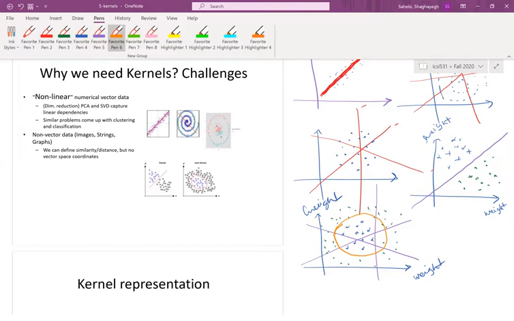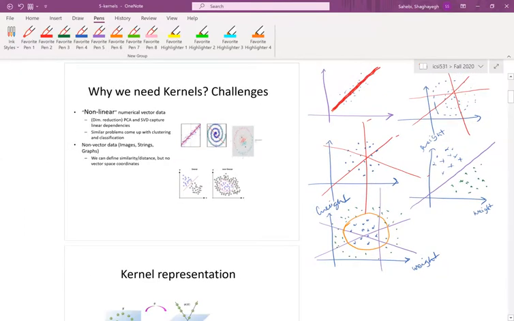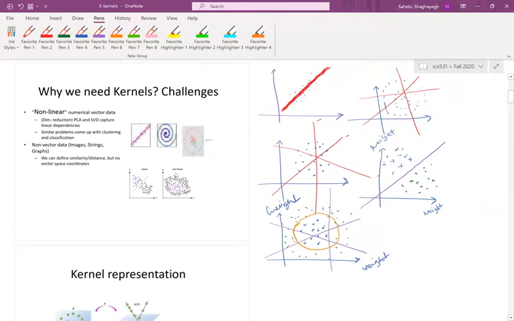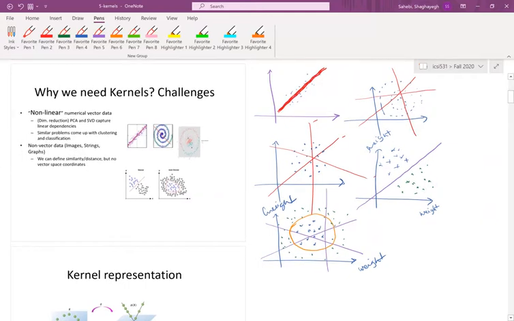Okay. And the second reason is that sometimes our data is not numerical. We cannot represent our data easily with numerical features. So our data is not vector-like data, and there are no numerical features that can be defined on our data, but we can define similarity between our data points.